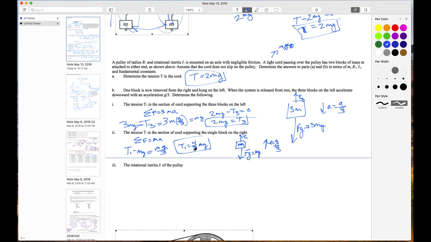Finally, to find the rotational inertia of the pulley, there are a few things that we have to do. We know that torque is equal to the rotational inertia I1 times alpha.